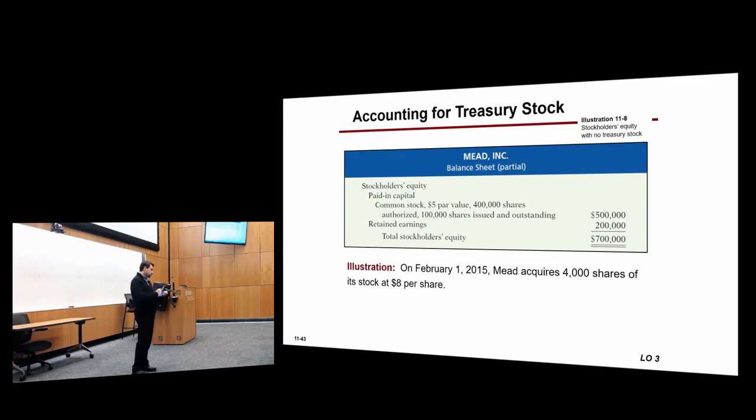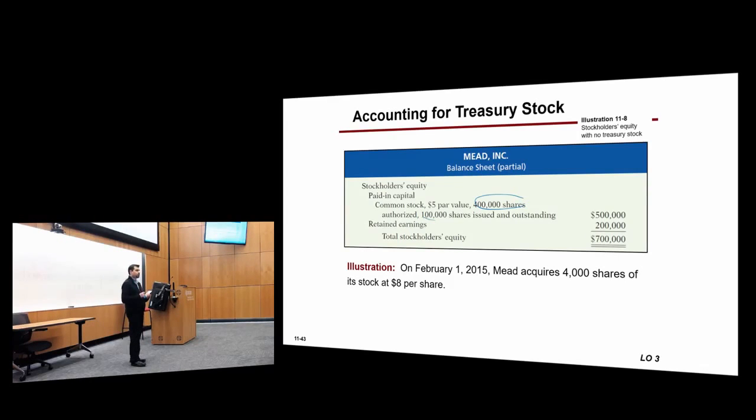How many do you have? Basically, you have 400,000 shares authorized, and the company only issued 100,000. Those are the ones that are outstanding. How many treasury stocks does the company have?